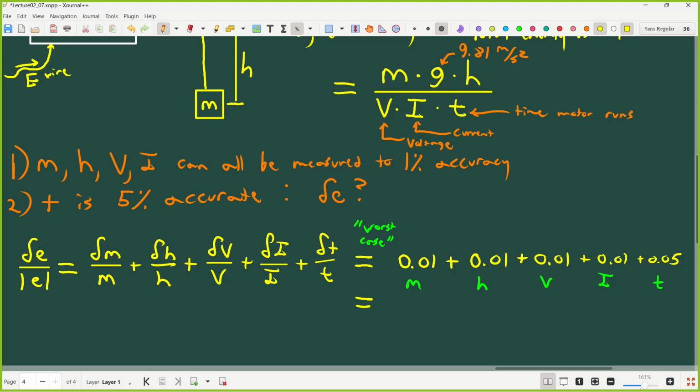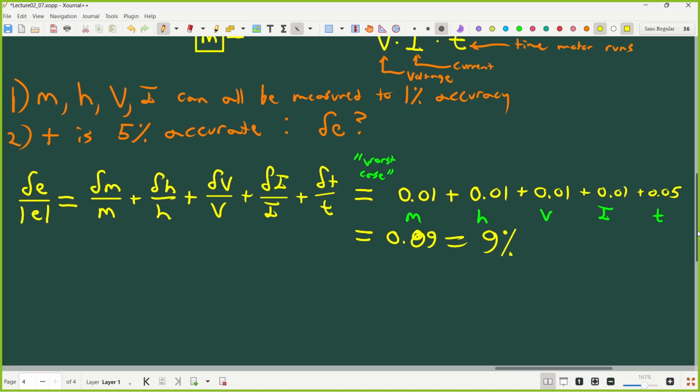It's just simple arithmetic. 1, 2, 3, 4 plus 5, 0.09, which is 9% error. All right, so by adding the errors, we approximate that we can only know the efficiency to 9%.